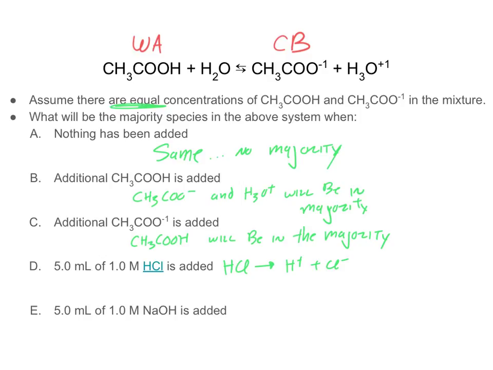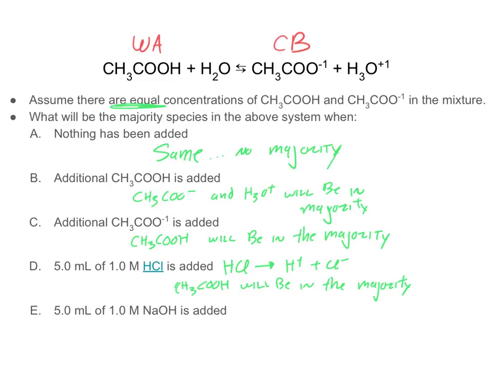So when you add this strong acid, there'll be an increase in acetic acid because the H plus is gonna react with the acetate ion, so that and H3O plus.